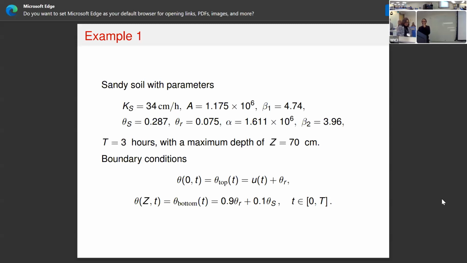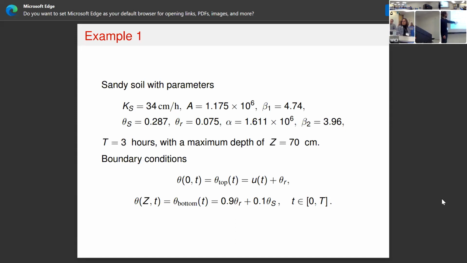We will use the parameters of a sandy soil, with a relatively fast infiltration of water. The maximum is 35 centimeters per hour. And we will see this simulation running for 3 hours with a depth of 70 centimeters.